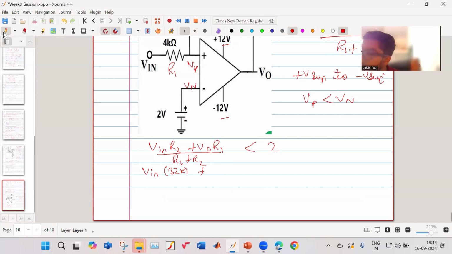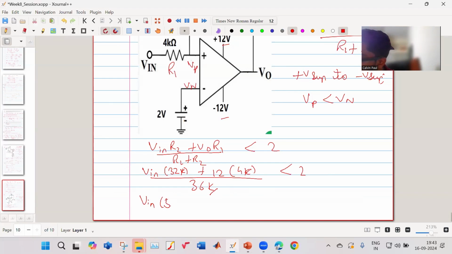So your plus V supply means 12 into R1 is what? 4K upon 36K should be less than 2. So your K and K get cancelled. So V input into 32 plus 48 should be less than 2 into 36, that is 72. Okay.